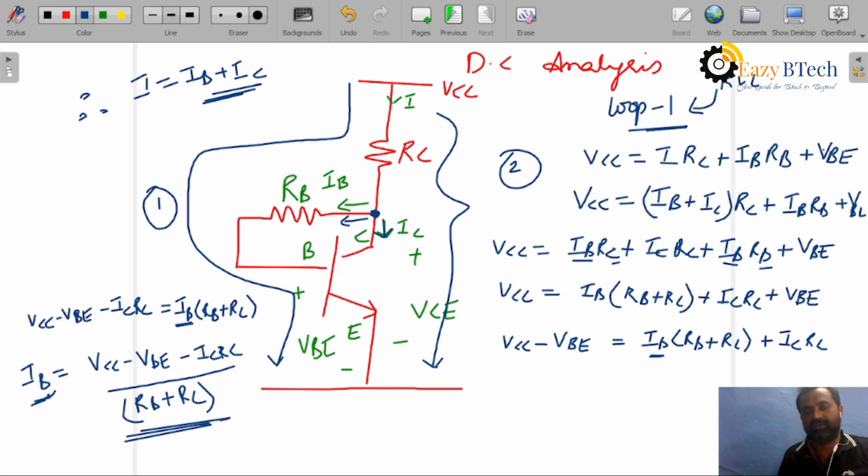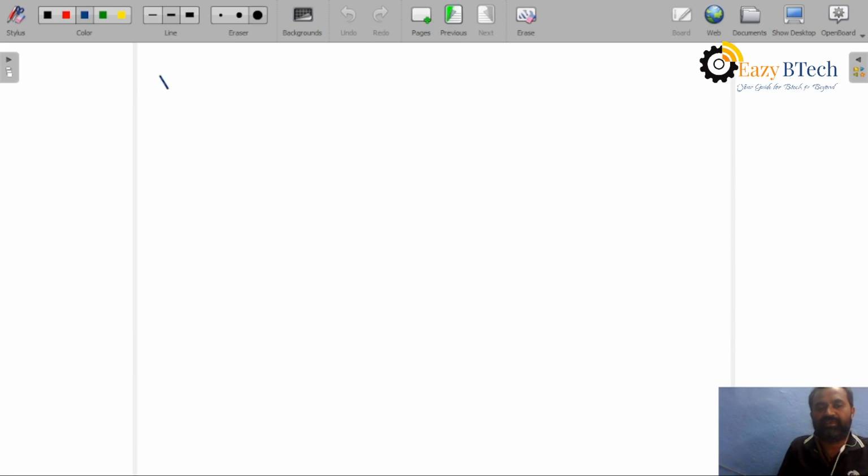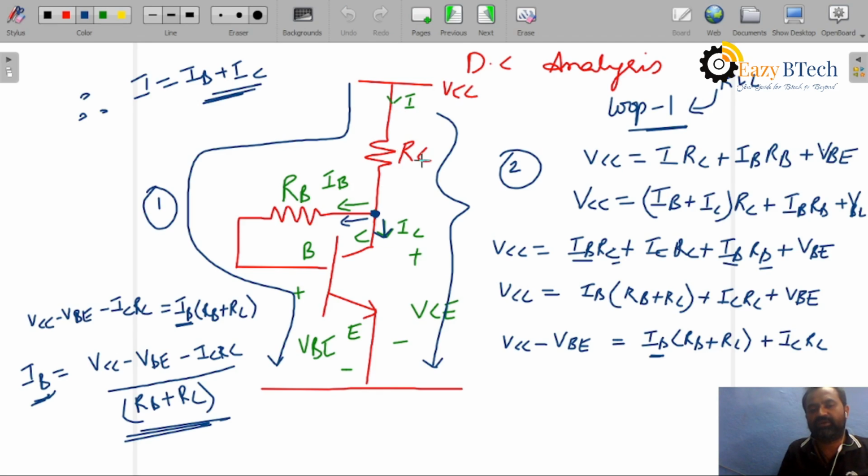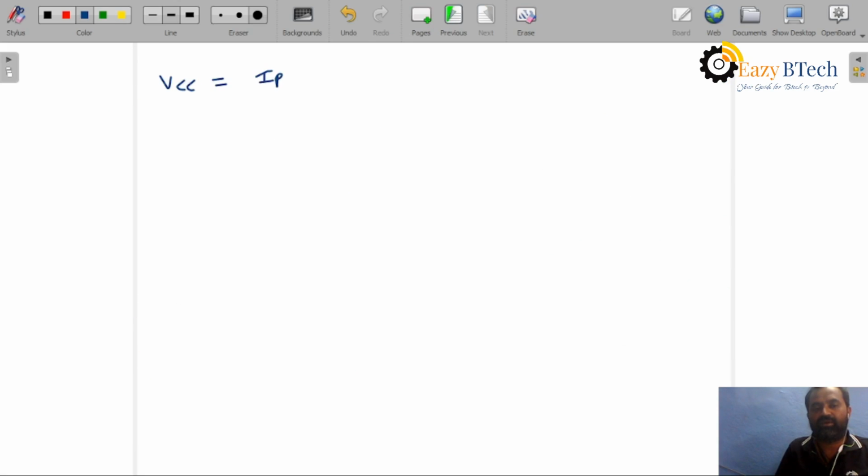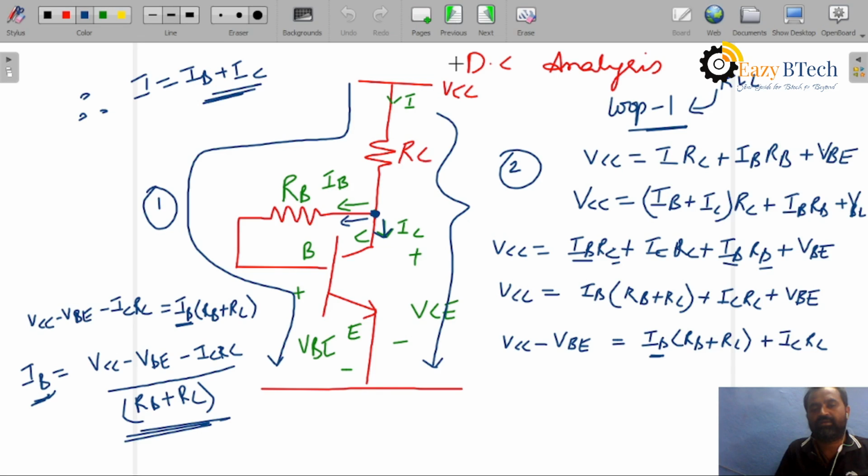We get the base current on the input side. And on the output side we will write the equation: VCC is equal to I into RC plus VCE.